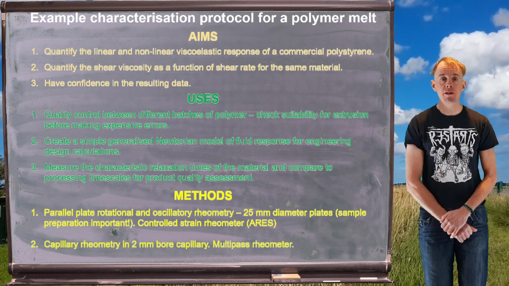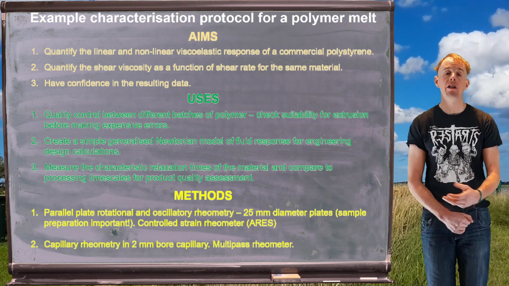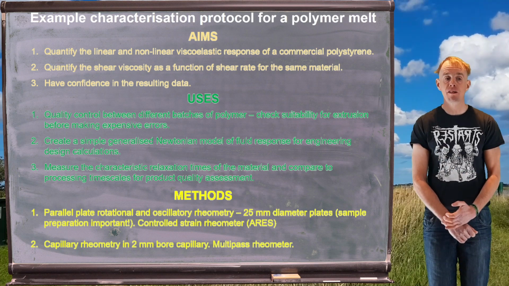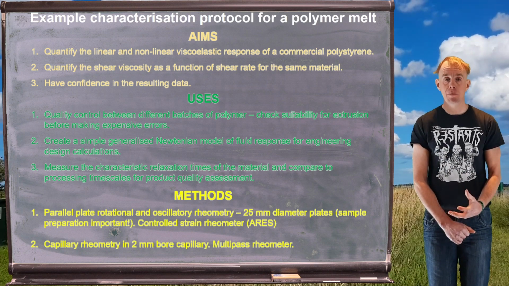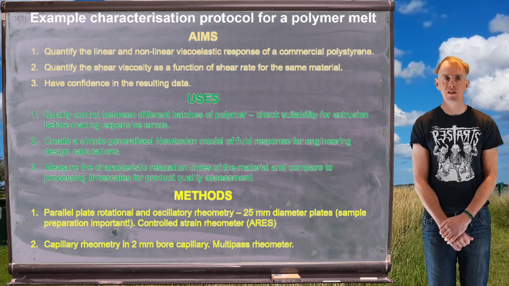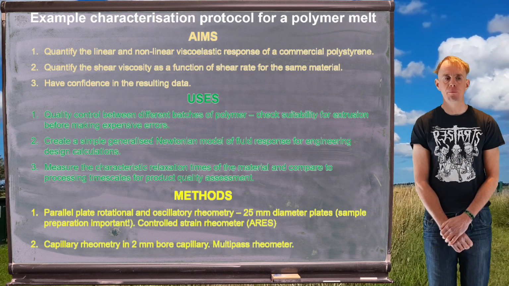What we'll see later in this part of this lesson is that one rheometer can only get you so far in terms of data. And so I'm going to use a second type of rheometry here, capillary rheometry, using a multipass rheometer. It's a fully contained device, as we've explored in lessons long ago now, and that enables us to do multiple experiments on the same batch of material.